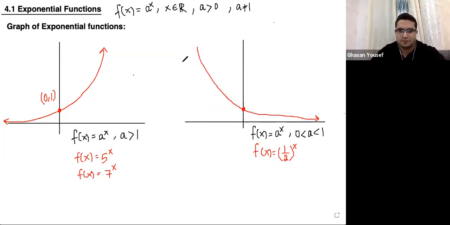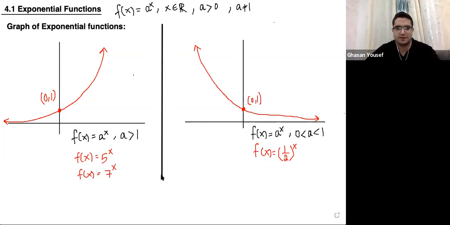And this point is again 0, 1. This is the two graphs for the exponential function: f of x equal a to the power x such that a is greater than 1, and here f of x equal a to the power x, a between 0 and 1. This is the general graph for any exponential function.